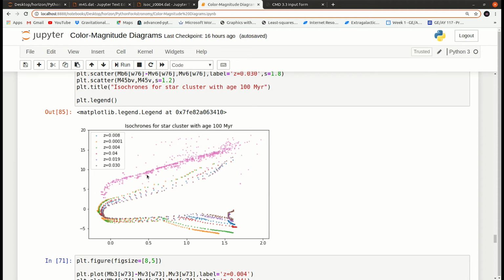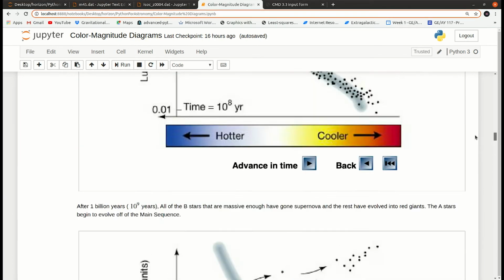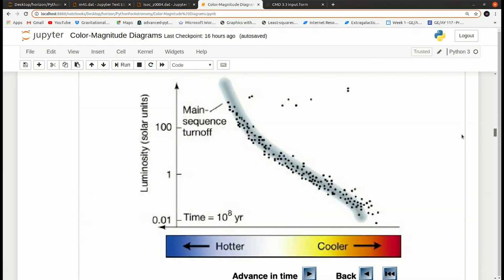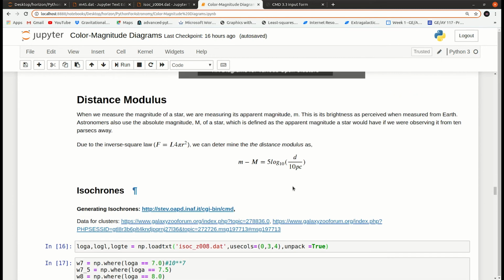I mean, you can see each and every point coinciding if you shift this a little bit down. Keep in mind, here I am plotting the apparent magnitude, which is what I am observing, whereas this is something which you generate using a numerical code. Now if you go back to your formula for distance modulus, m minus M is 5 times log base 10 of d, which means if I know the distance modulus m minus M, I can find the distance.